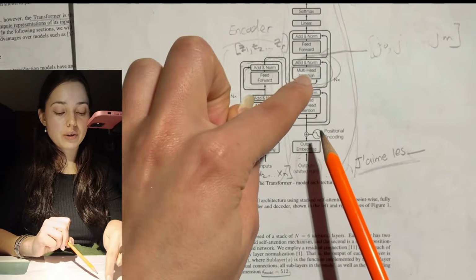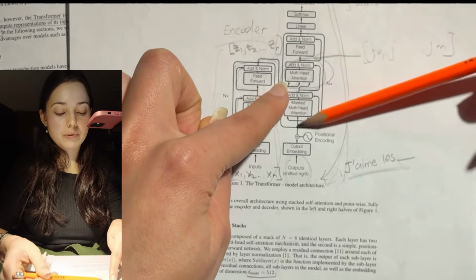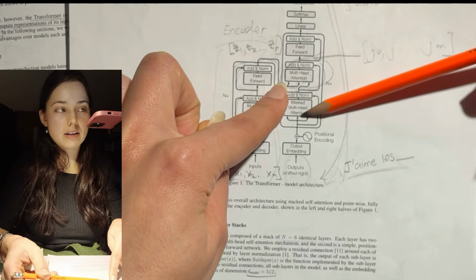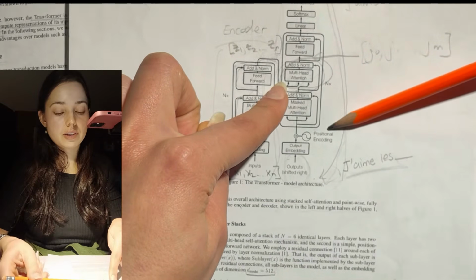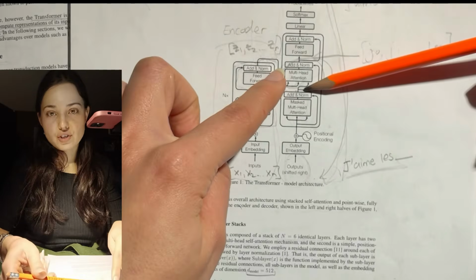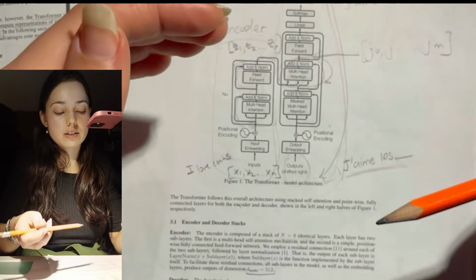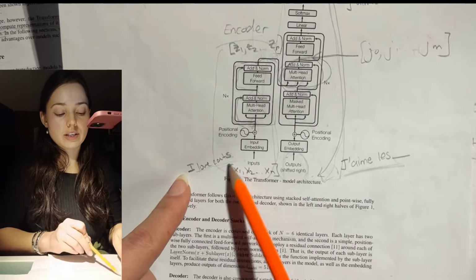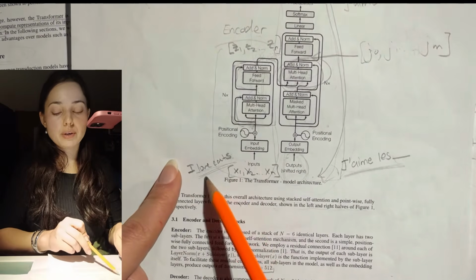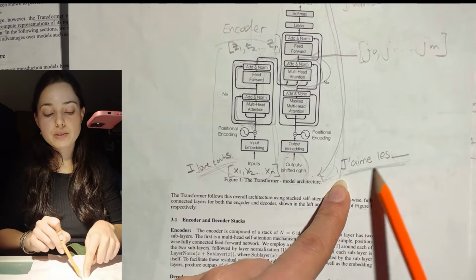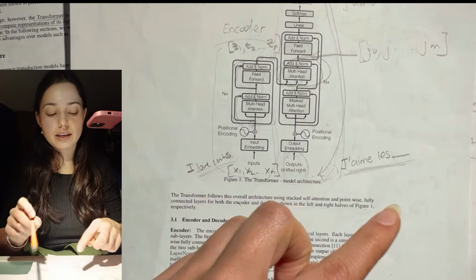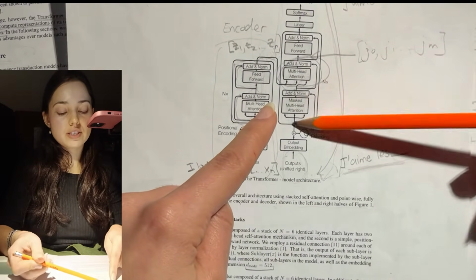It's the output from the encoder and the output from the last attention from the decoder. So that's not self-attention, because it's calculating the attention between the translation that we input into the model, and the part that's already been translated into our desired language. But this part is just self-attention.